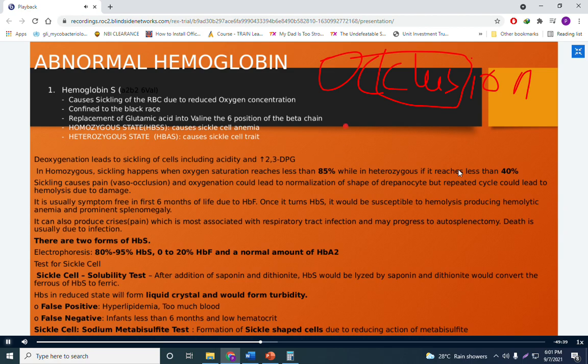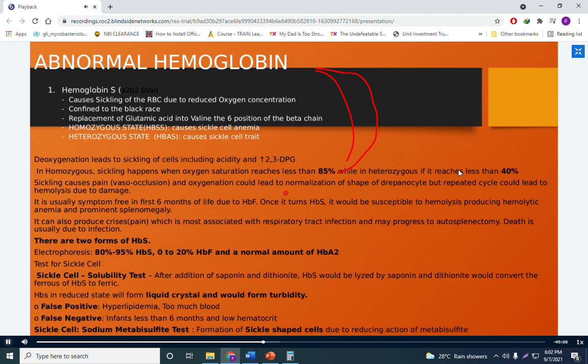Vaso-occlusion daw, class. Alright, very good. It's your blockage, pagbabara. So we have your vessel blockage class. Now imagine nyo, sa sickling, yung sickle cells nyo, binabara niya yung vessels nyo, which could lead to pain.